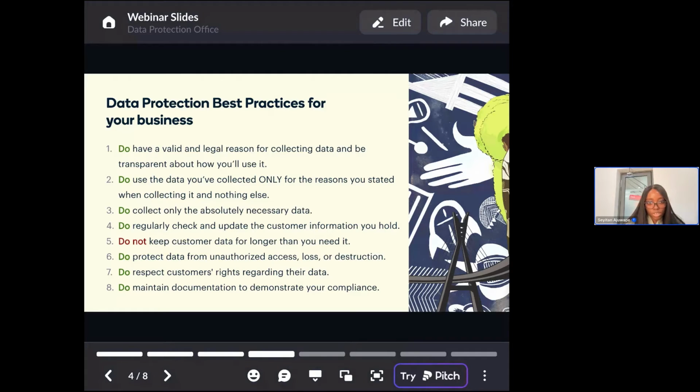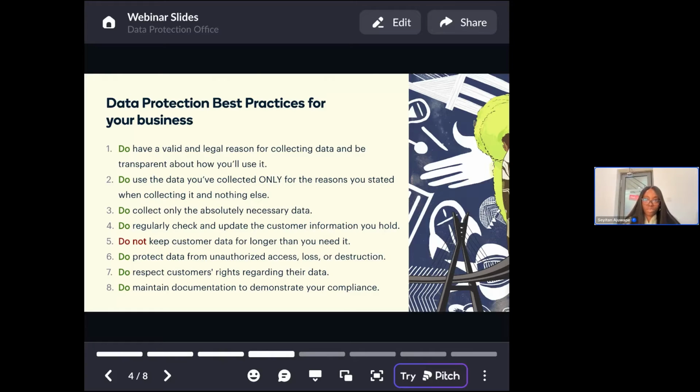All right. So to the last point now, make sure that you maintain documentation to demonstrate your compliance. This just refers to keeping records of your compliance with data protection laws.